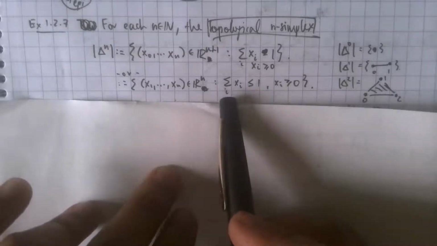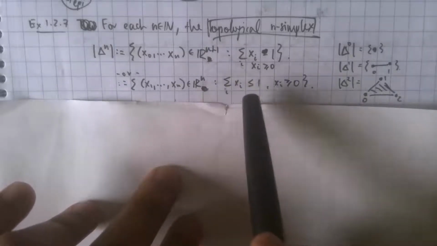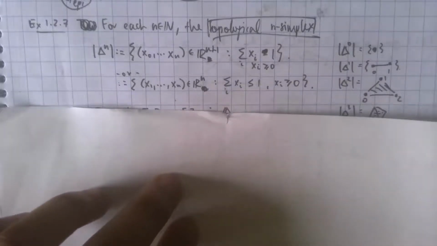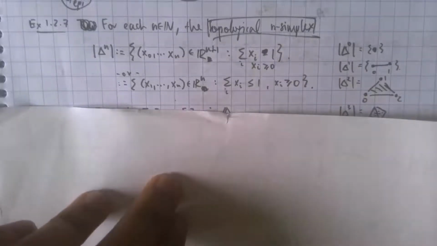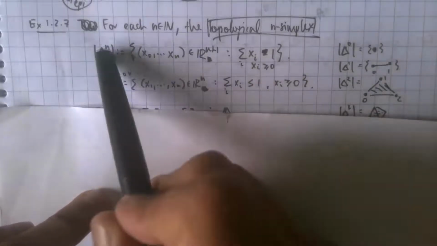So for any n, there is a topological n simplex, which you've probably seen in algebraic topology. There are different definitions of this, which I didn't realize, but in the end they're the same thing. They're just embedded in whatever Euclidean space. But there's a standard n simplex.